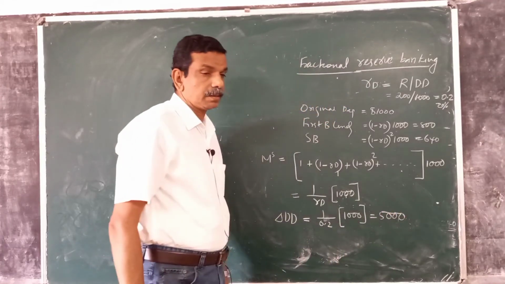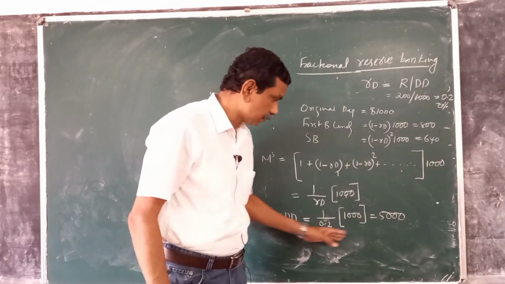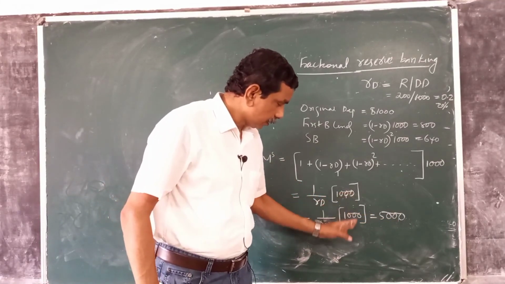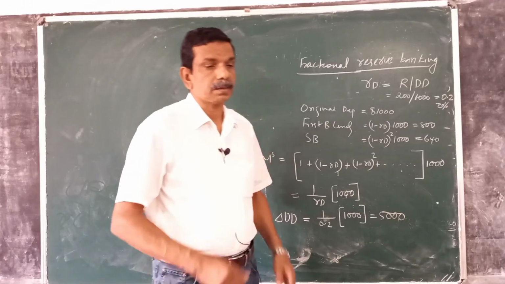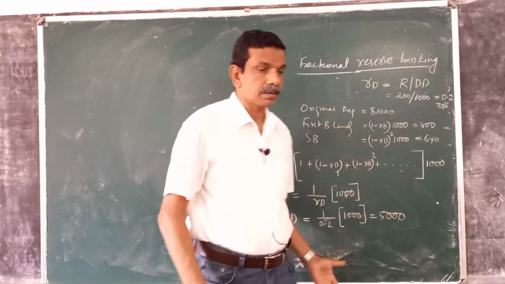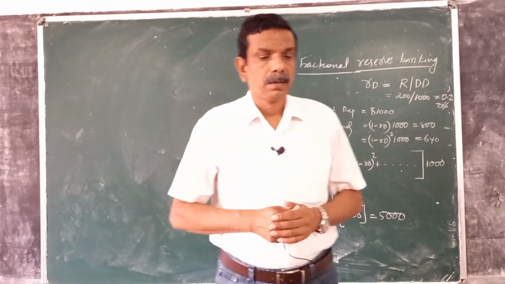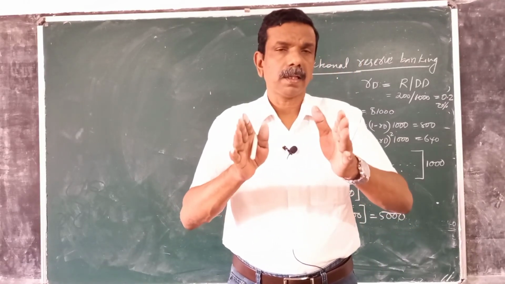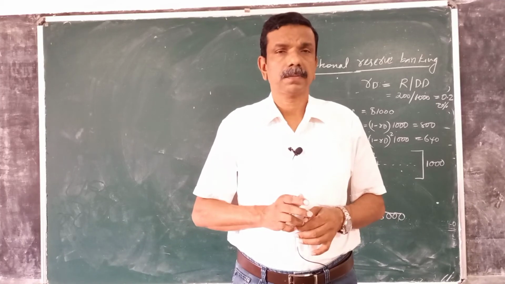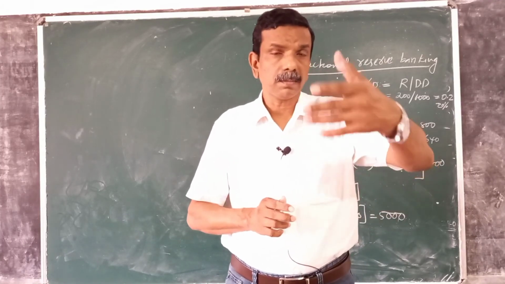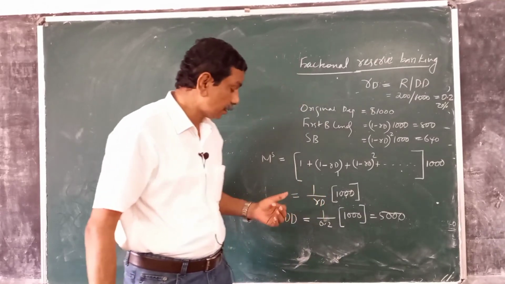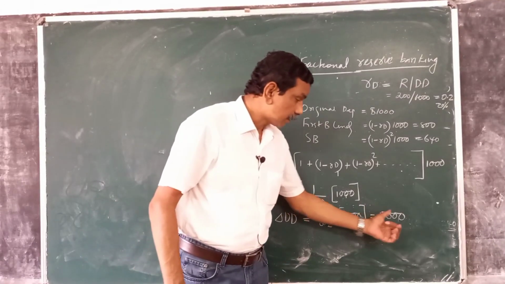So delta DD is equal to 1 by RD into 1000 is equal to 5000. So in this case we have initially a currency equal to 1000. This initial amount of currency generates a total amount of money supply equal to 5000.